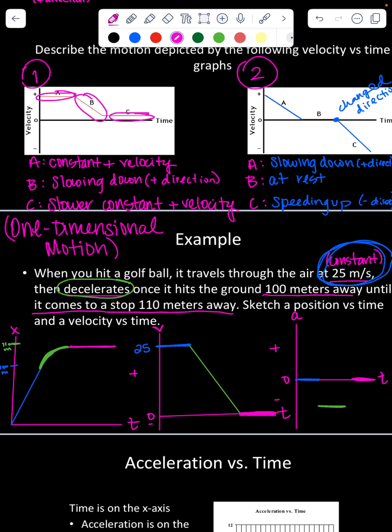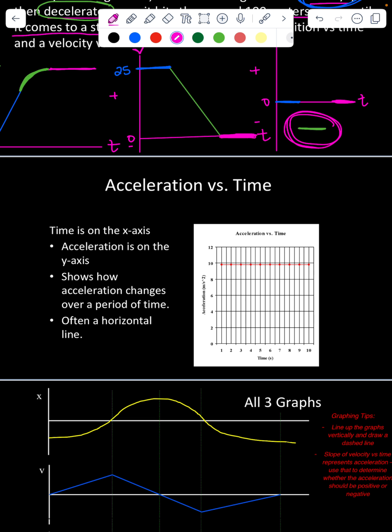So the only difference between what we have been doing with constant motion and what we're doing now is that we have now added constant acceleration. Now in CP, we will never, ever, ever deal with non-constant acceleration. All right, so you're either going to see a horizontal line on 0. So that means that we have no acceleration.